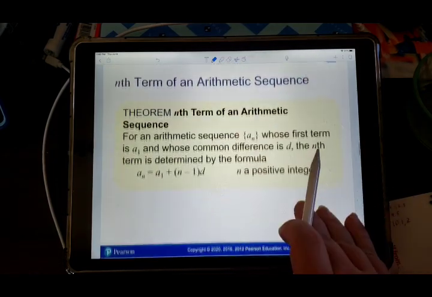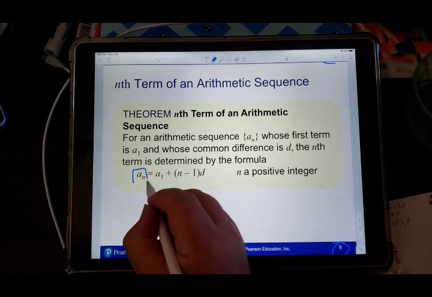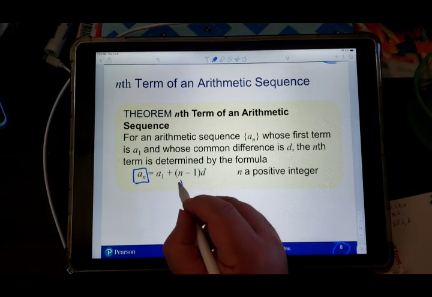All right, next page I want to show you is this. It's still true that when we see a sequence, like we did in section 9.1, we want to be able to find the formula a sub n. We want to be able to find the formula based on n.